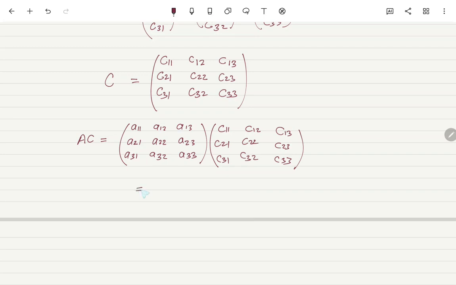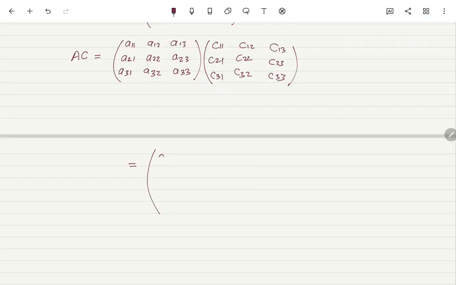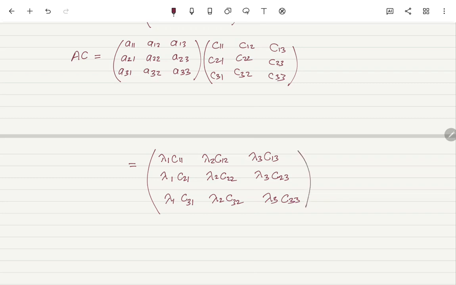Now the answer will be equal to lambda 1 C11, lambda 2 C12, lambda 3 C13, lambda 1 C21, lambda 2 C22, lambda 3 C23, lambda 1 C31, lambda 2 C32, lambda 3 C33.